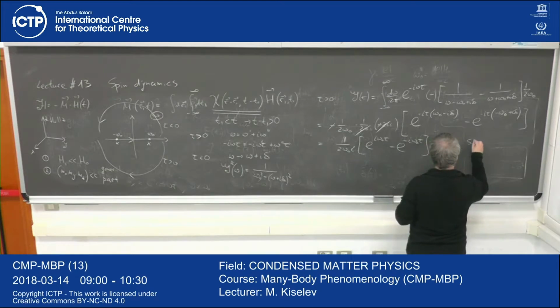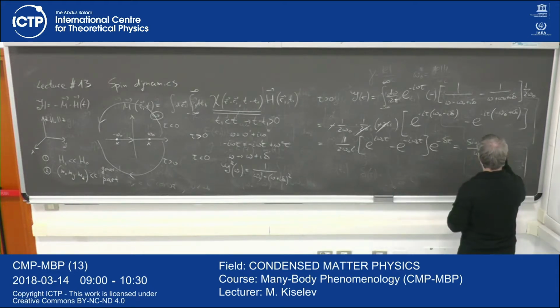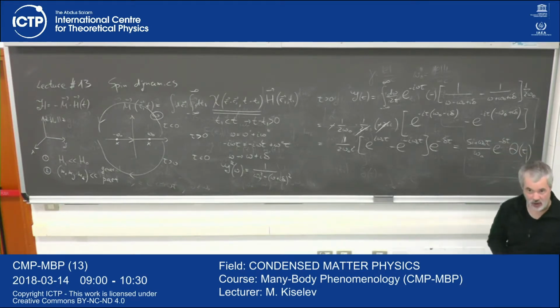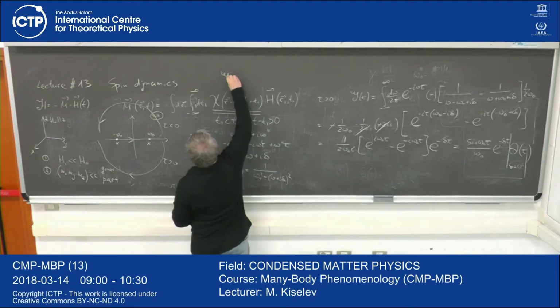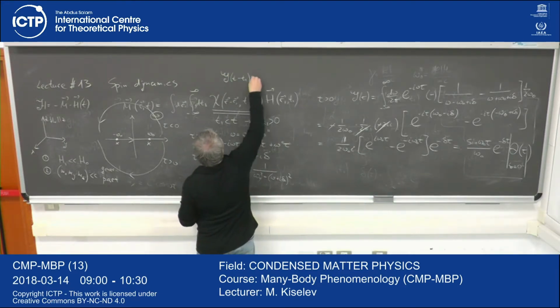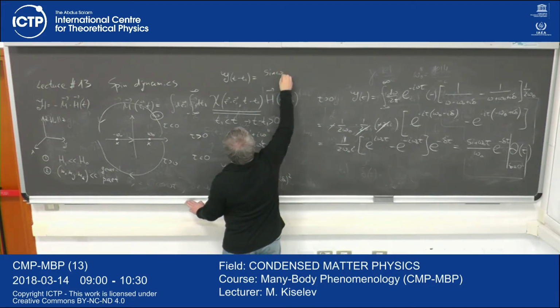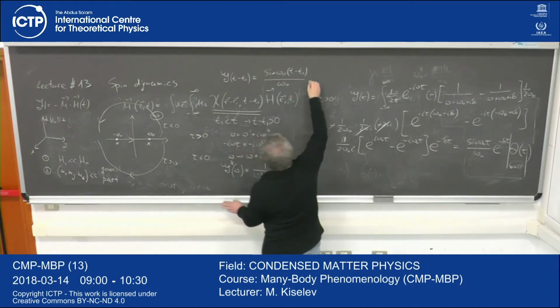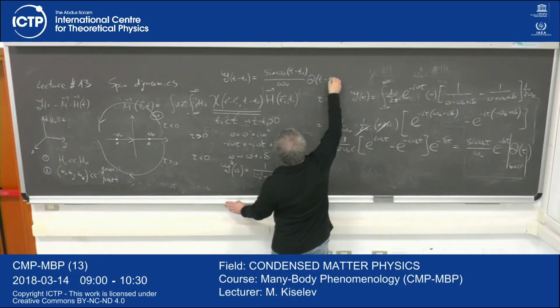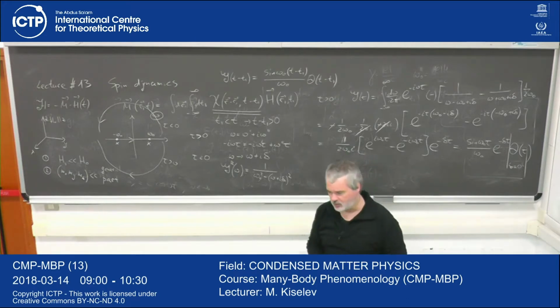So then this Green function is sine omega naught tau divided by omega naught, e to the power minus delta tau, theta function of tau. And now I can put delta equal to 0, which removes this exponent. Okay, what I did, I found that g(t minus t1) is equal to sine omega naught (t minus t1) divided by omega naught, theta function of (t minus t1). Okay?